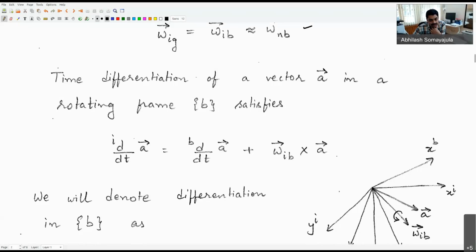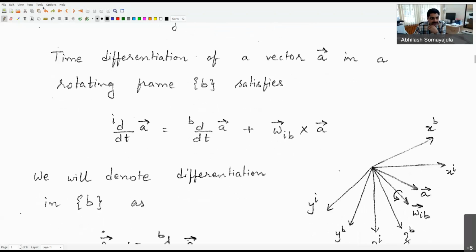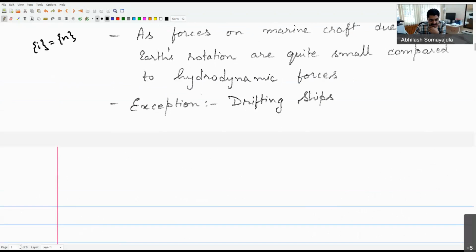cross the vector A. Now, I'm not going to be going ahead and proving this result explicitly, but we can try to take an example in order to see how this works. So let me try to put it here.